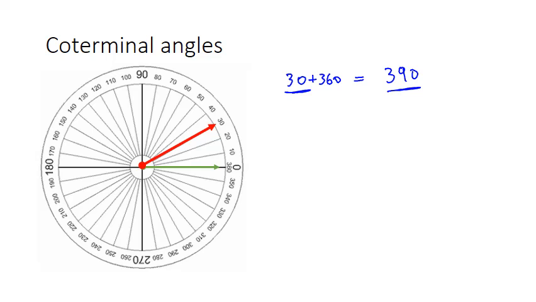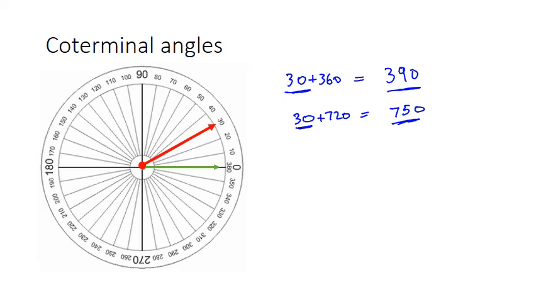Also, we know that 30 degrees is coterminal with 750 degrees because if we went around 2 times, we would have gone around 720 degrees. So if we add 720 degrees, we'll get 750. So 30 degrees is coterminal with 750 degrees.